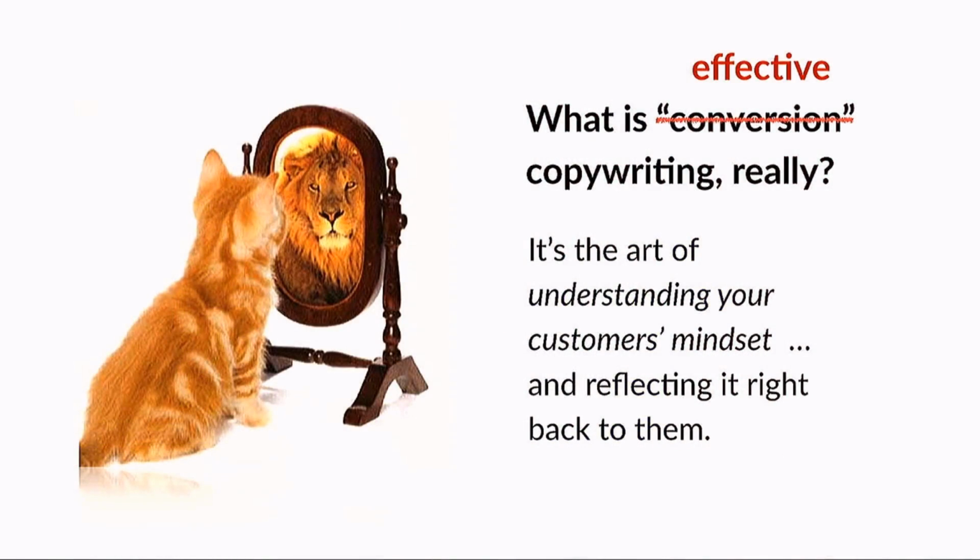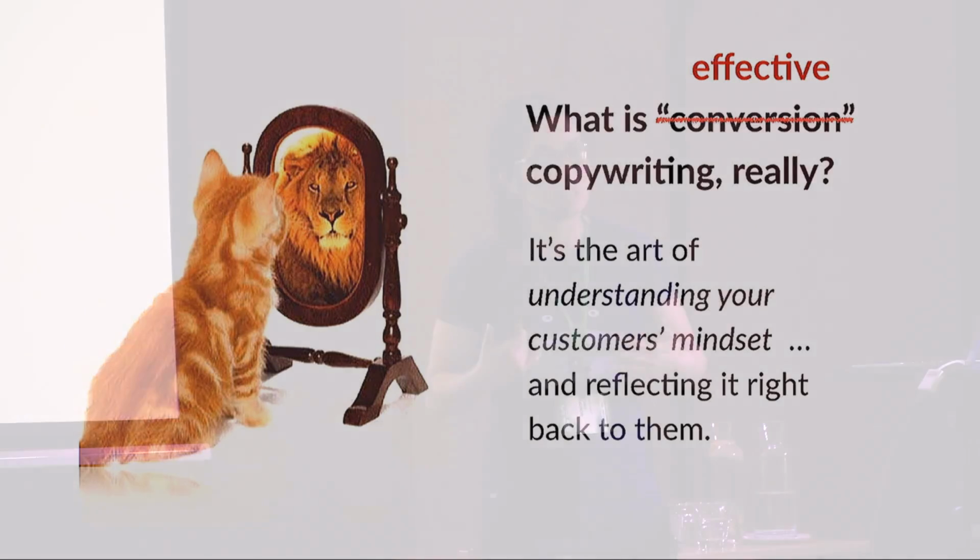Because at the end of the day, what effective copywriting is, it's the art of understanding your customer's mindset, incorporating your offer or your product into the context of this mindset and scenario, and then just mirroring it back to your customer in a story or in a sales narrative.